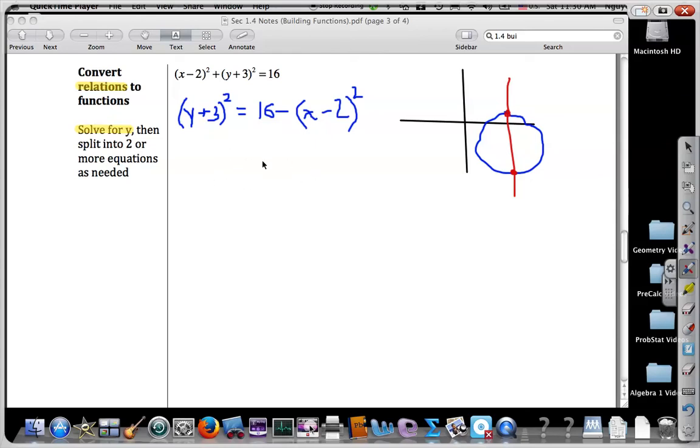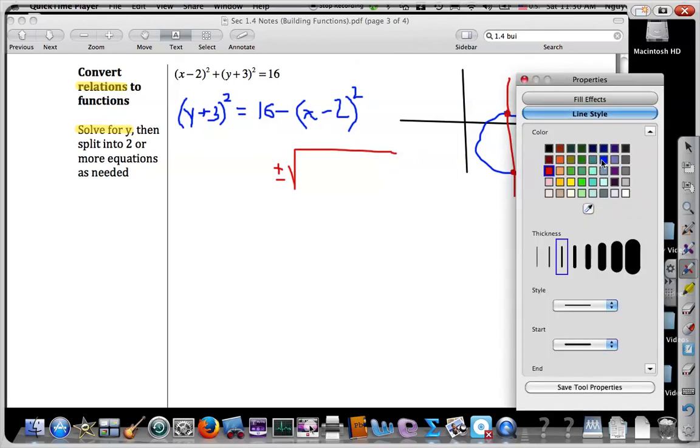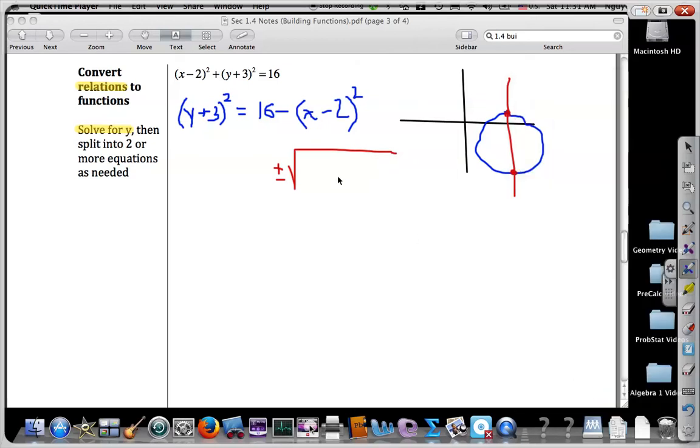So on the right side here, I'm going to get plus or minus the square root of 16 minus (x - 2)^2.